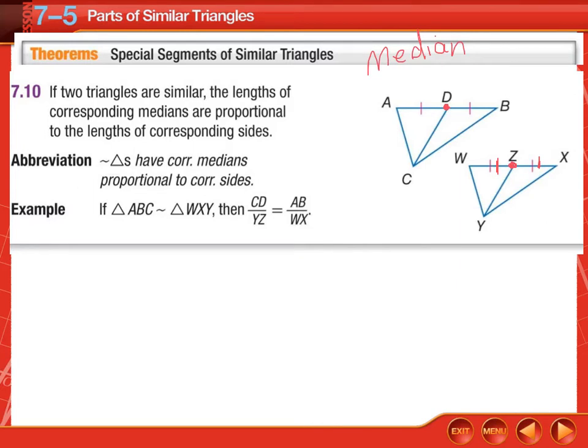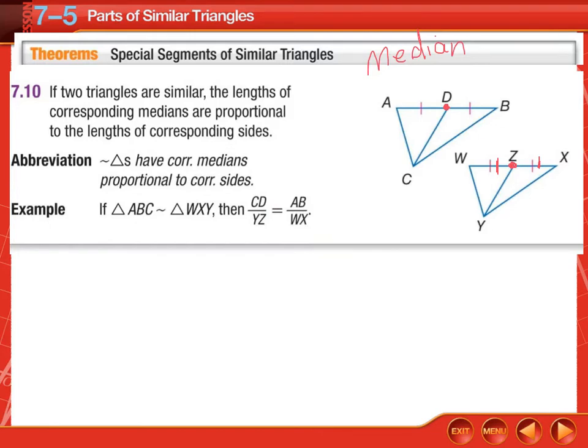Okay, so we're told that ABC is similar to WXY, so we know all the sides are corresponding and proportional. Now, the theorem states that these medians, CD, are going to be proportional to the original sides, AB and WX. Now, why is that true?